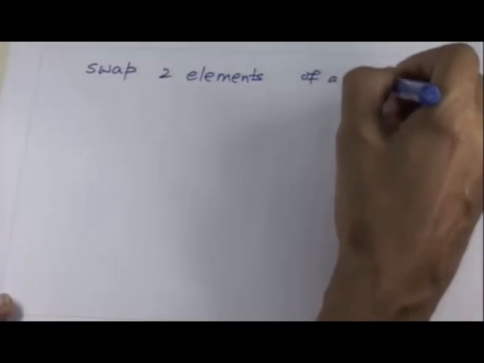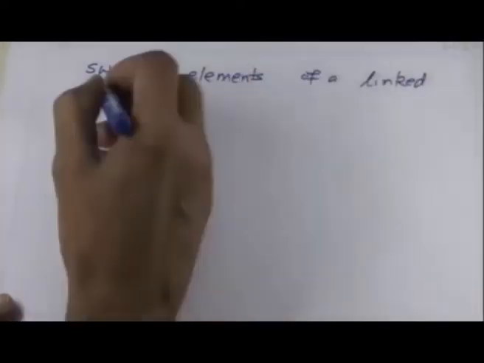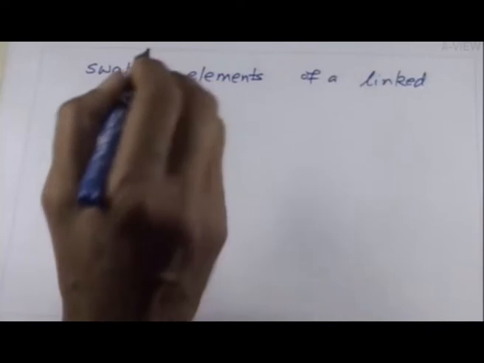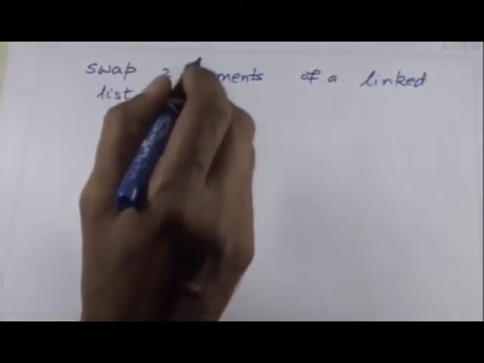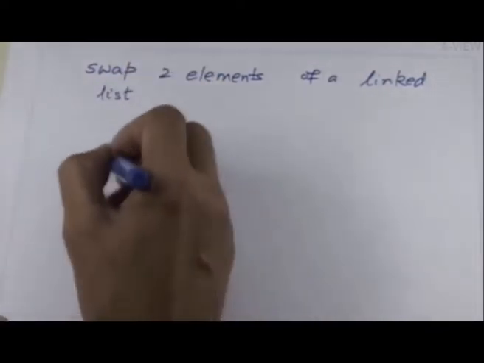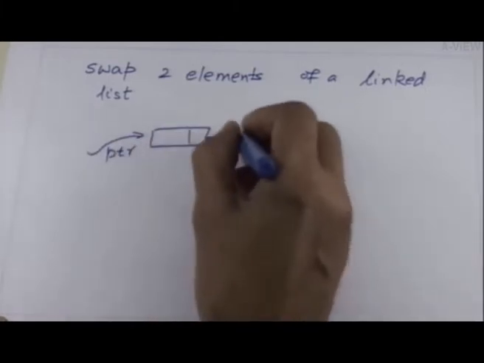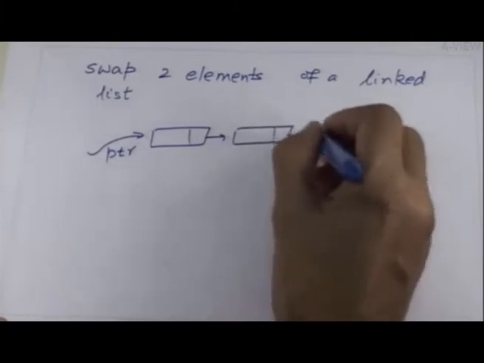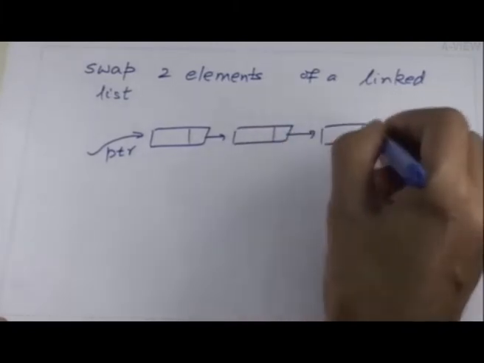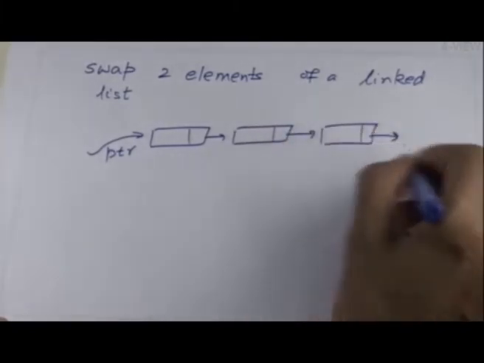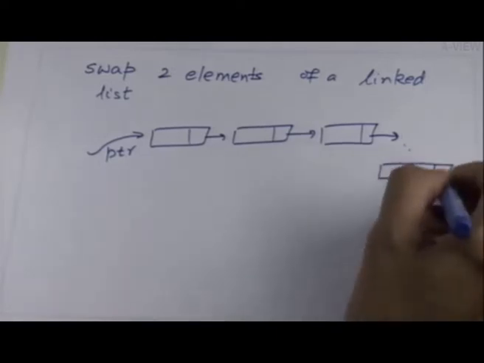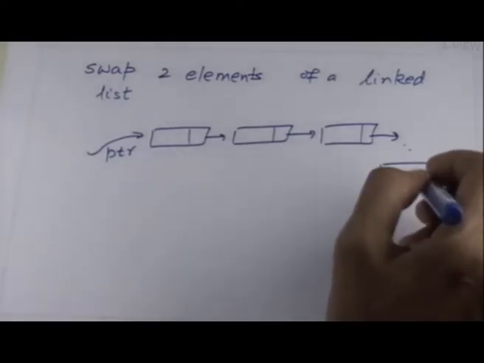I'll assume without loss of generality that I have a single linked list, but you can do it for a doubly linked list also. So here is my PTR to the list. Let's put some elements in there. I'm not assuming it to be circular, so there's a 0 element out here.